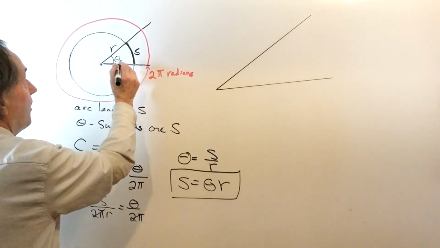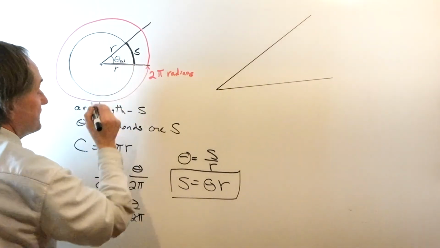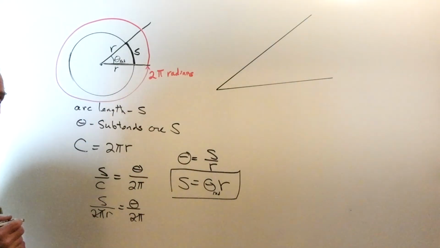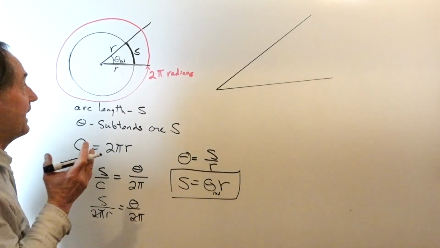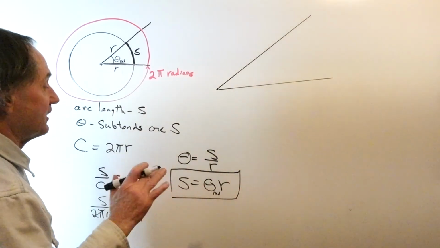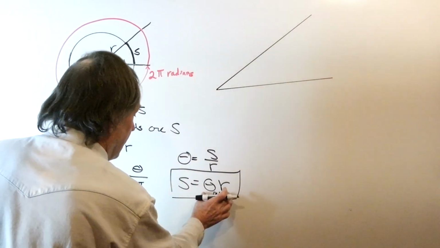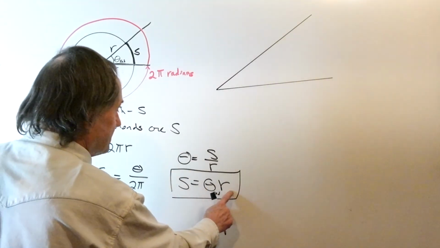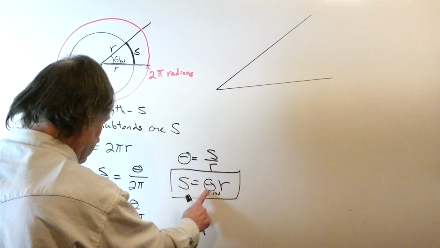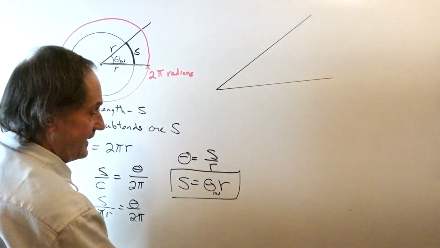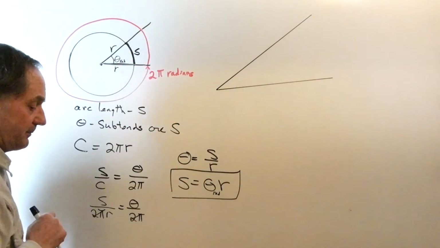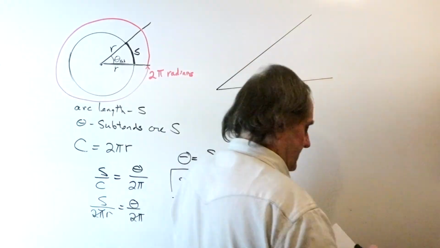I'll put a small RAD to say that the angle has to be in radians. You cannot use degrees. It has to be radians. So if you have an angular measure in degrees, you have to convert it to radians to get the proper relationship. So S is in length, R is in length, radians times the radial distance out gives you the amount of arc swept out.